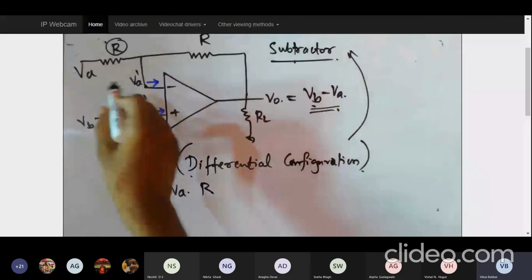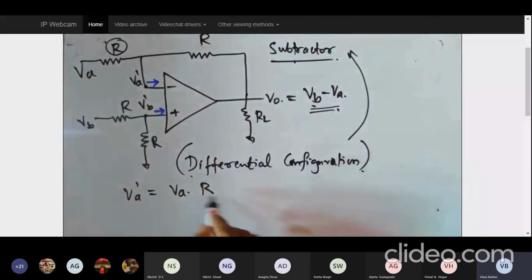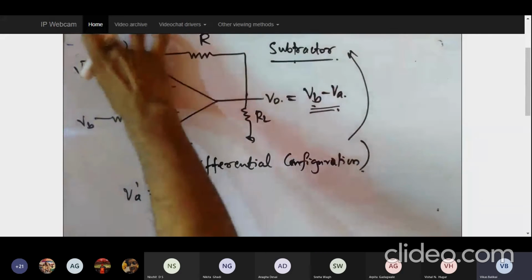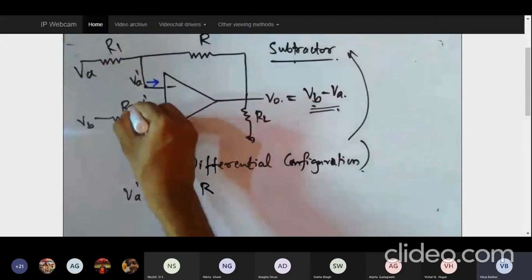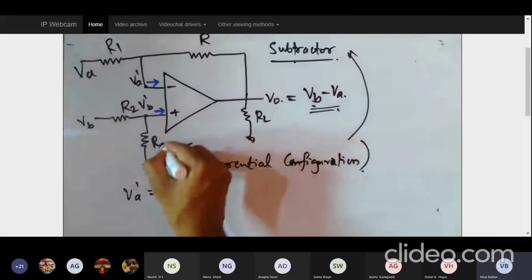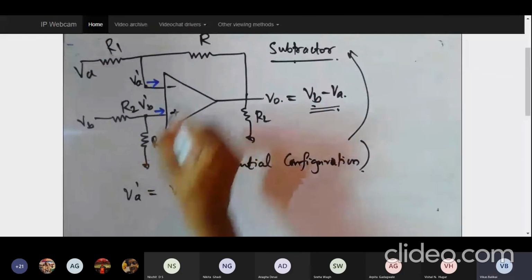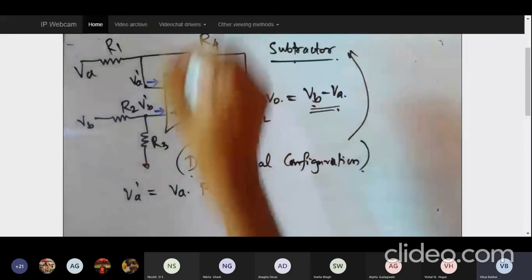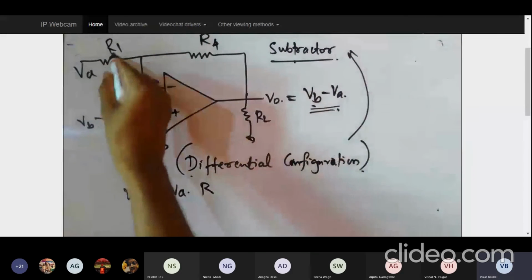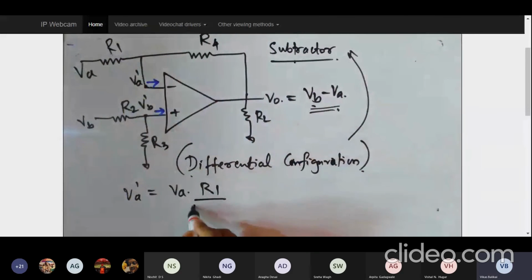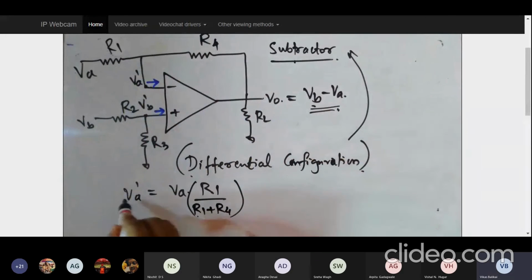Or we'll do it this way: let us take this as R1, this as R2, this as R3, and this as R4. So by voltage division, VA dash is VA multiplied by R1 divided by R1 plus R4.